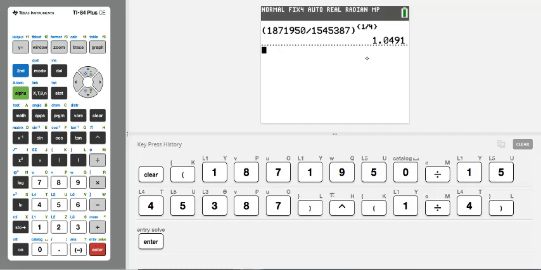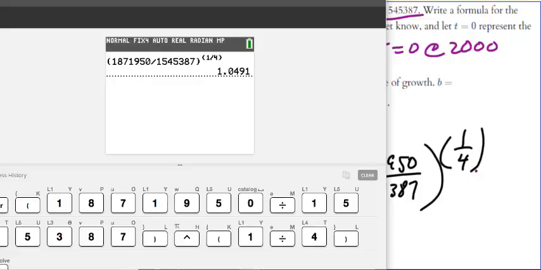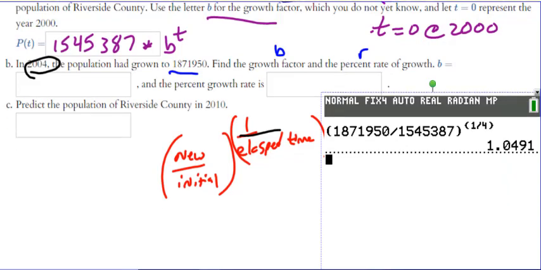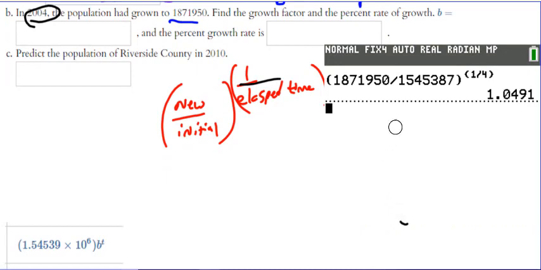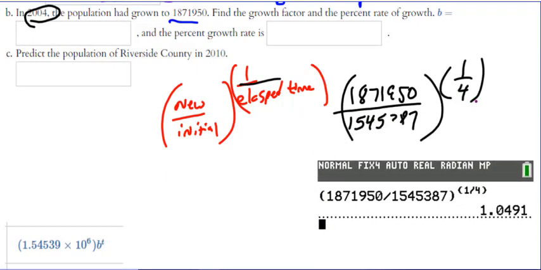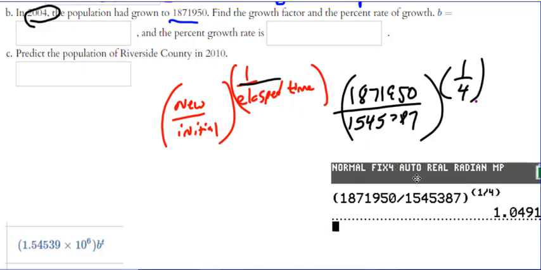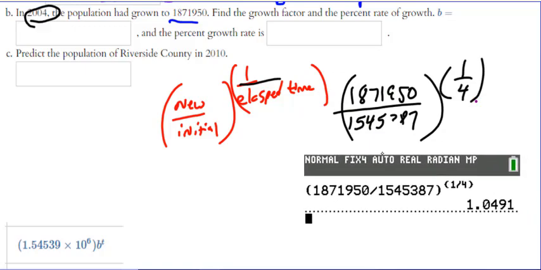And I've got my calculator set up for 4 decimal places, okay? So I want you to kind of see that. Now, here's my answer for my B, right? So it's 1.0491.